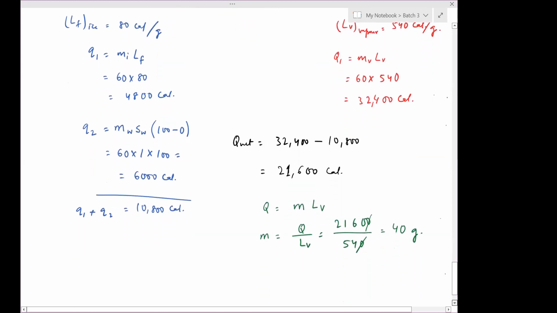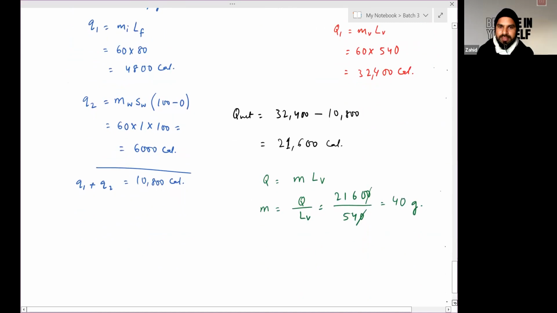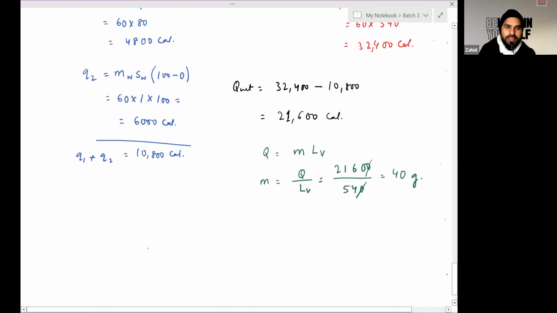That's all. Okay, let me explain what is happening in this part. Initially, we have ice, so it requires some amount of energy, Q1, to convert into water. Further, it will require Q2 amount of energy to convert into water at 100 degrees Celsius. So at this point, temperature is 0 degrees Celsius, and then 100 degrees Celsius.